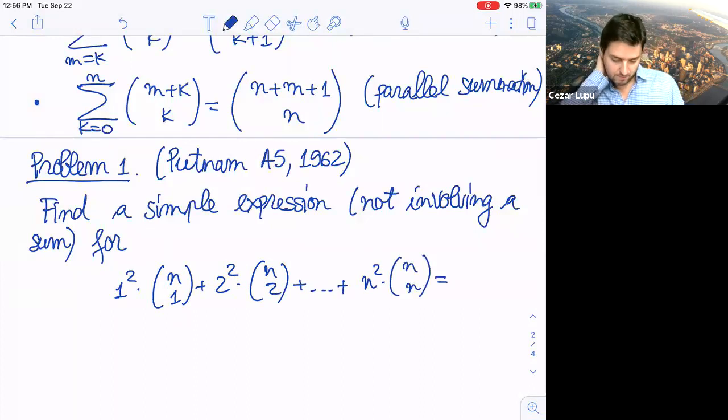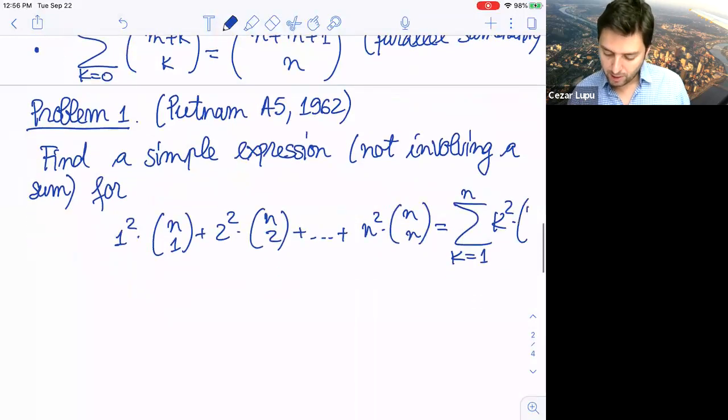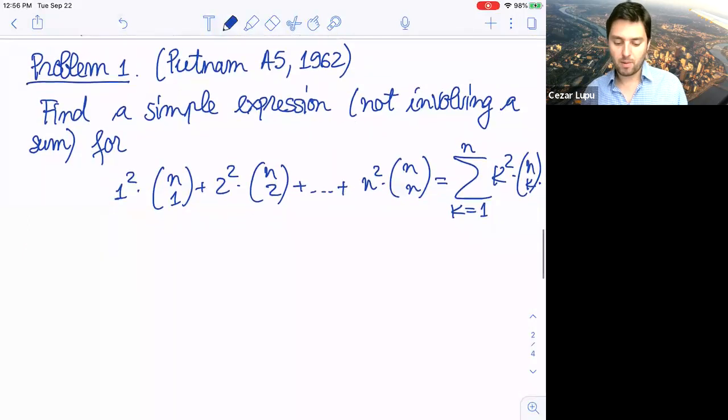Well, it's quite clear. This is the sum from k equals 1 to n of k squared times n choose k. All right, so that is the problem. I want you to look at it and tell me what do you think?